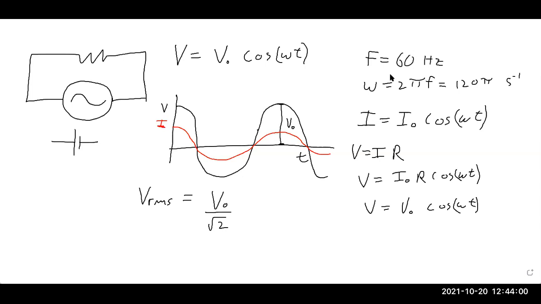And for power, power is equal to current times voltage. So power is going to be equal to our current times our voltage.